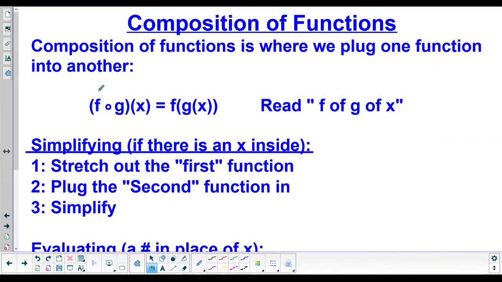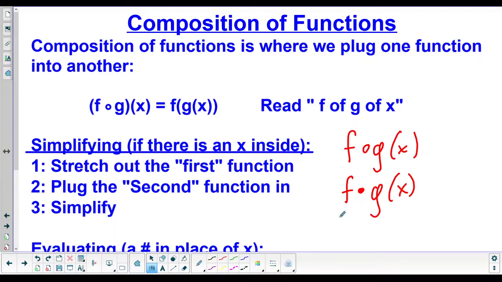Okay, the reason this can be confusing for students is because this looks awfully like this. This means multiply. This one means a composite function. So it's very important to pay attention. Is the dot in the middle open or is it closed?